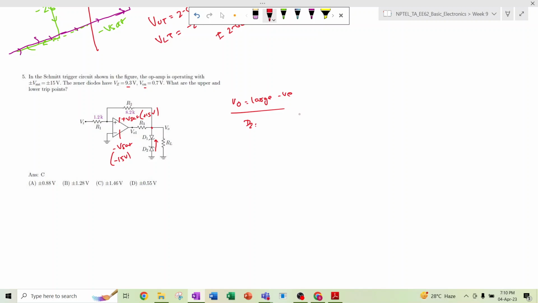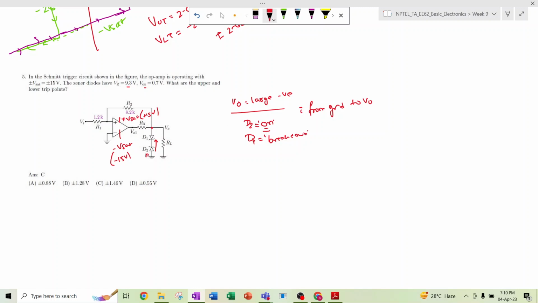The current I will flow from ground to VO, that means D2 is in normally on condition and D1 is in breakdown condition, because it is a Zener diode, as we have already discussed.